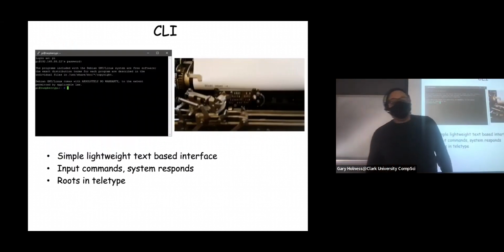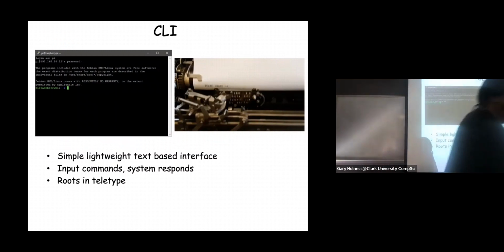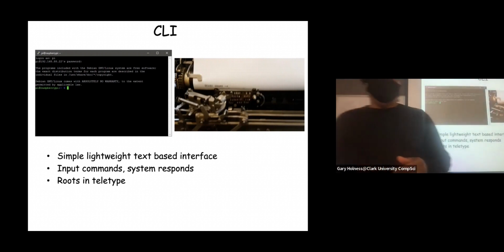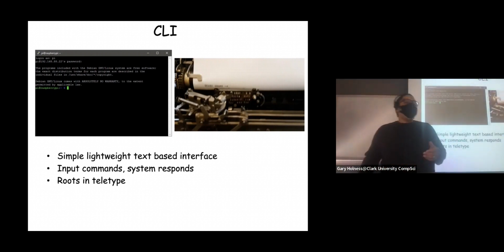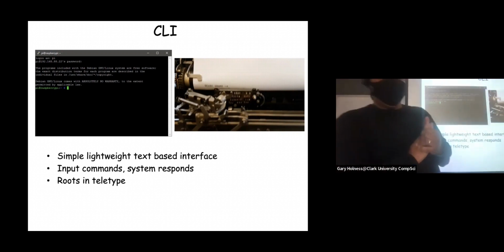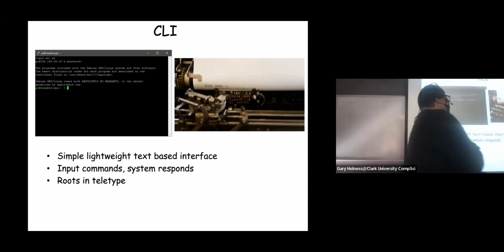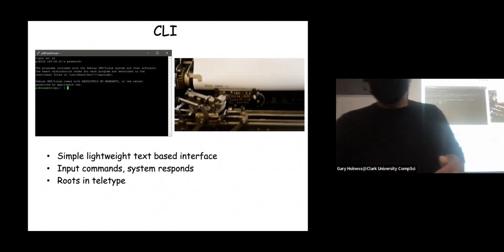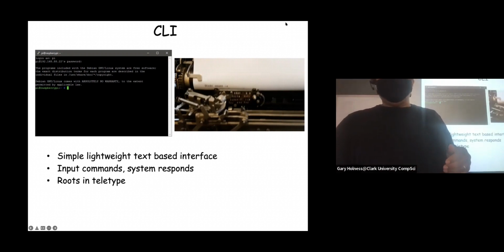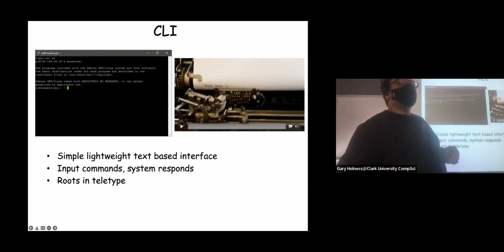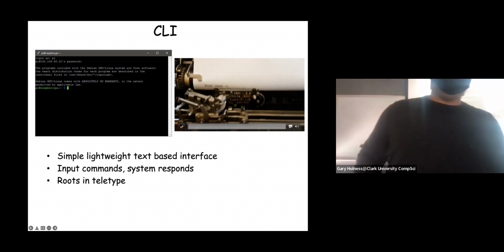Okay, so one of the main, popular ways that you interact with a Linux distribution is through the so-called command line interface, or CLI. The command line interface draws its lineage from a teletype. I remember reading about teletypes. I've never actually seen one, but there's a growing community of people who are trying to resurrect old teletype machines.